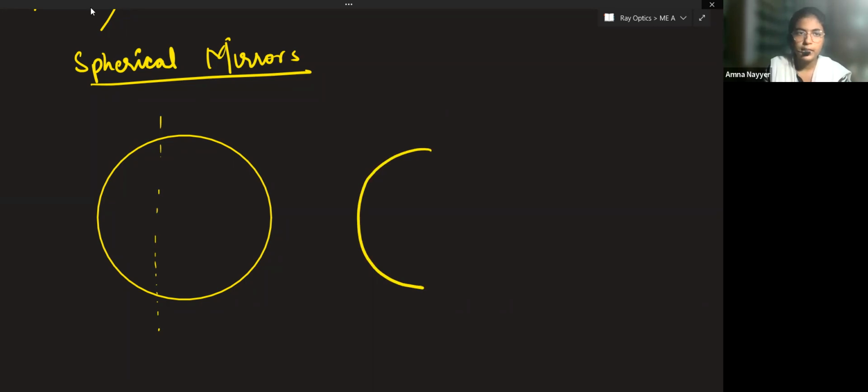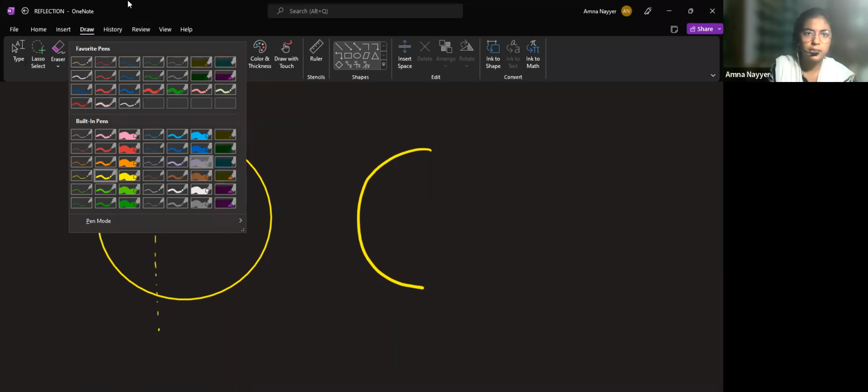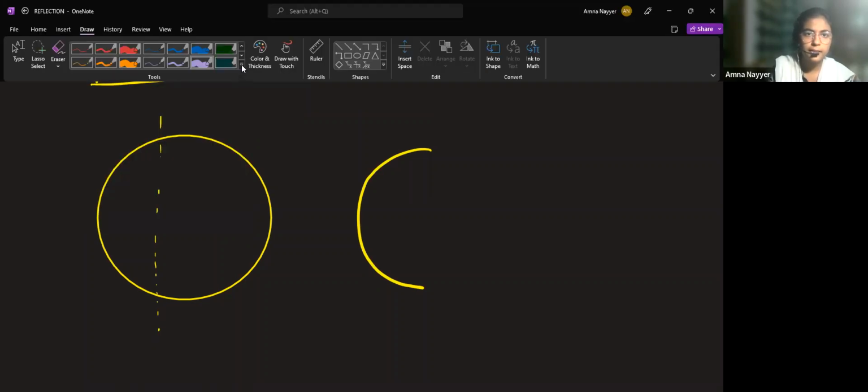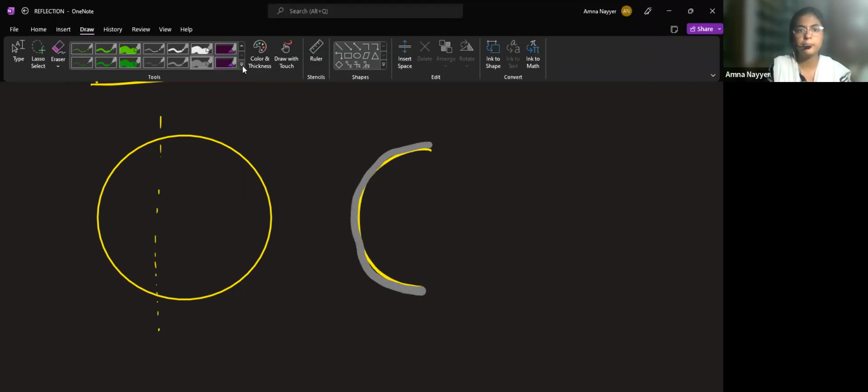Now I have applied silver polishing on this surface, on this side. This side I have painted with silver.